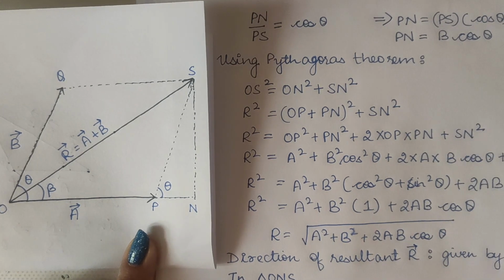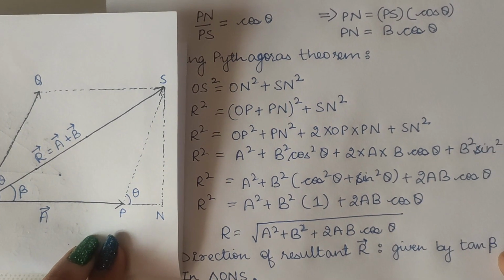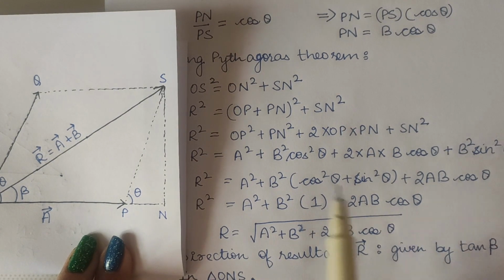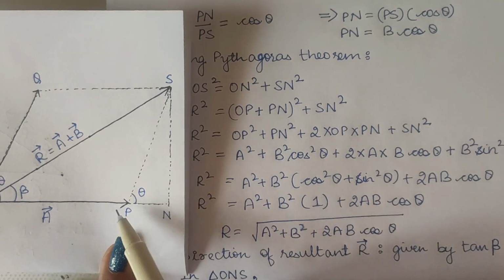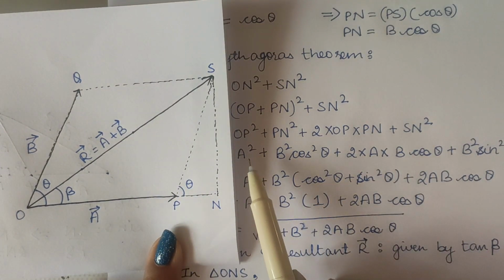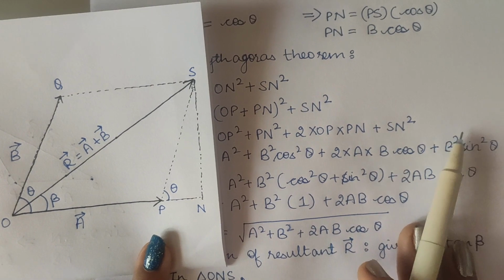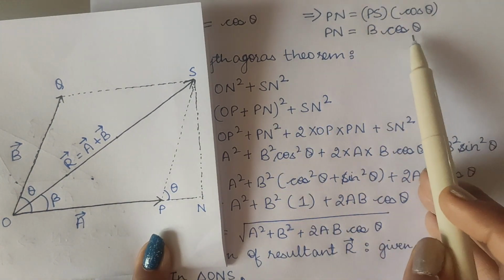Now let us substitute the values. OP is equal to A, from the figure. So instead of OP, we are writing A. Then PN, as we had already calculated, is equal to B cos theta.